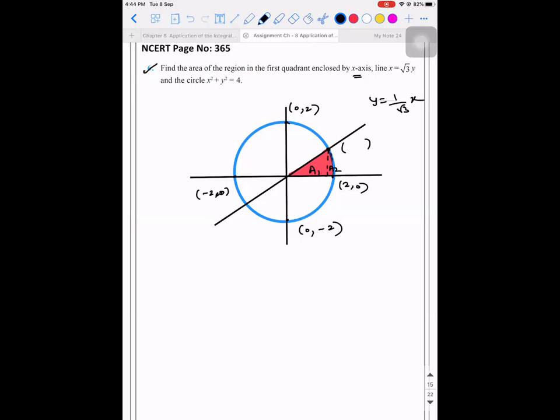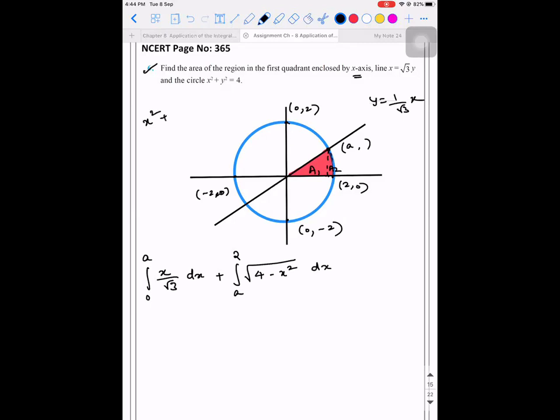So I'm directly writing it. Integral of 0 to, I don't know what this point is, let me call it some A comma something. 0 to A, it will be x by root 3 dx plus integral of A to 2 root of 4 minus x square dx. Find out that A by solving both the curves. Did anyone find it out already?